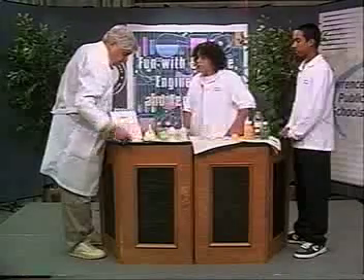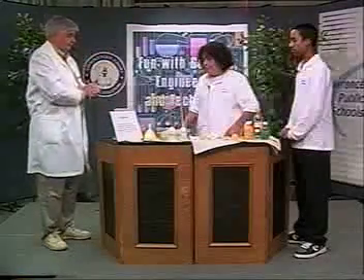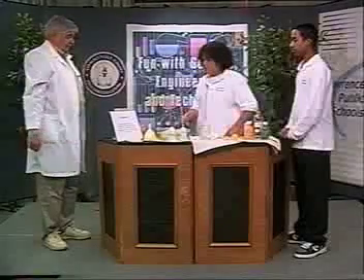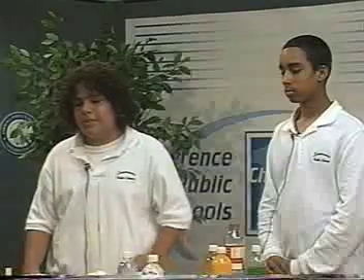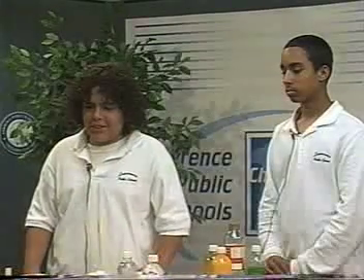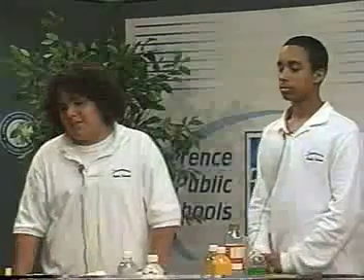Brian, what's osmosis? Osmosis, the movement of water across a semi-permeable membrane from areas where the water particles are more concentrated to areas where they are less concentrated. Okay, very good.